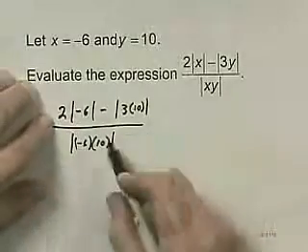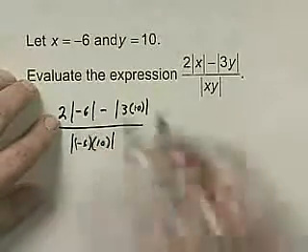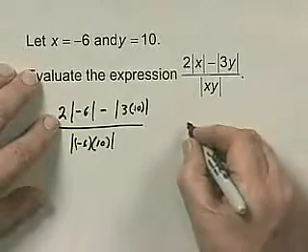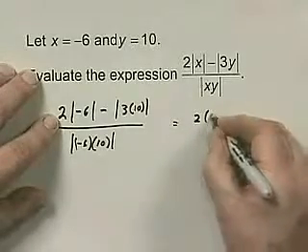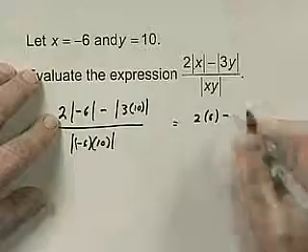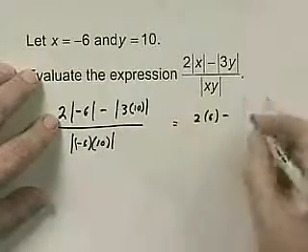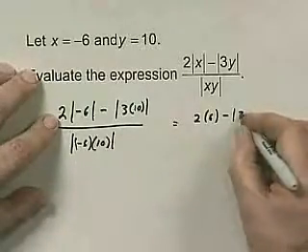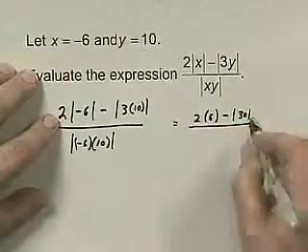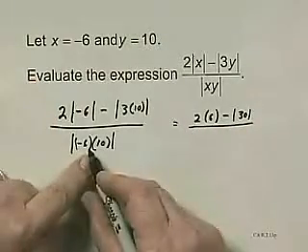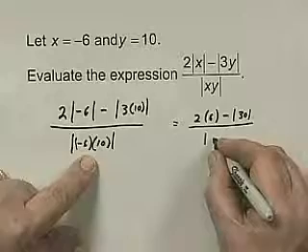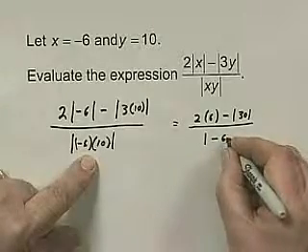For our first step, we can take the absolute value of negative 6, which is 6, so we end up with 2 times 6, minus, and we have to evaluate the inside here first. We're going to have the absolute value of 30, dividing by, have to do the inside first, the absolute value of minus 60.